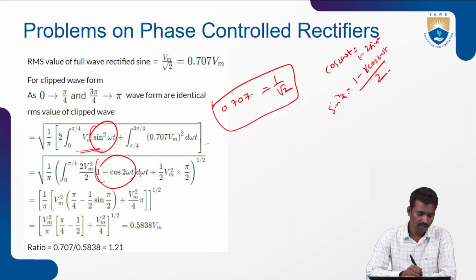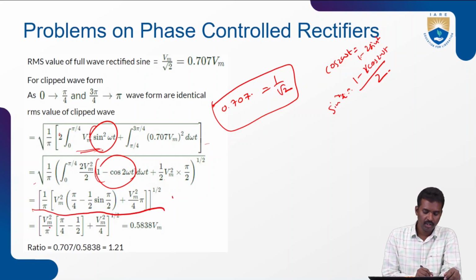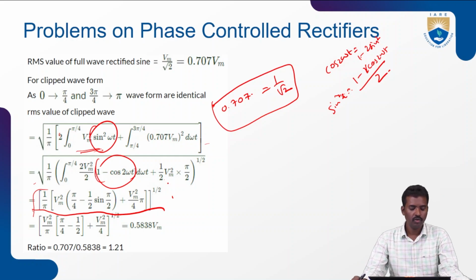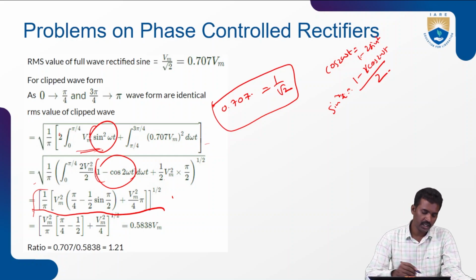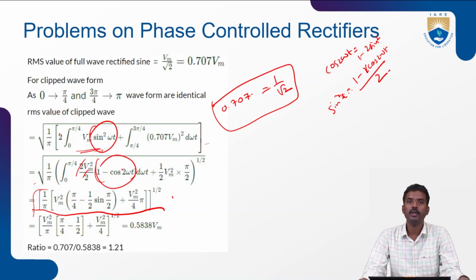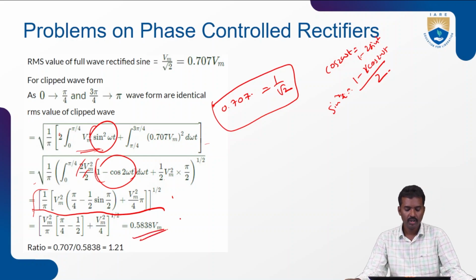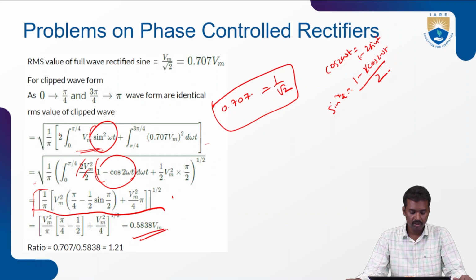So now if you simplify and integrate this, that is 1 by pi, everything under root, Vm square, the 2 gets cancelled here. So pi by 4 minus 1 by 2 sin pi by 2, Vm square by 4 into pi. Now the simplified value here is 0.5838 Vm.